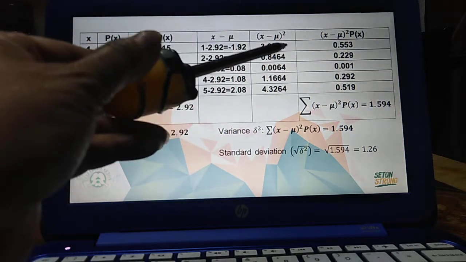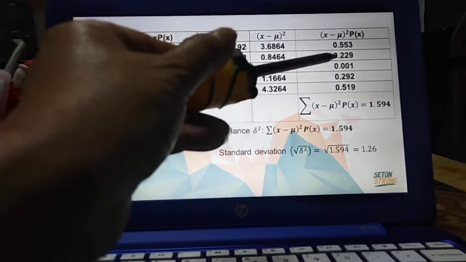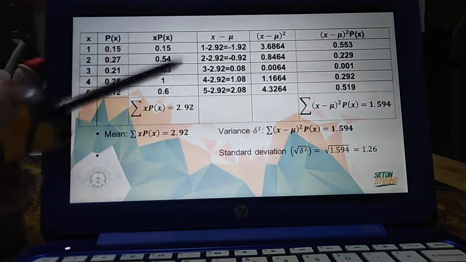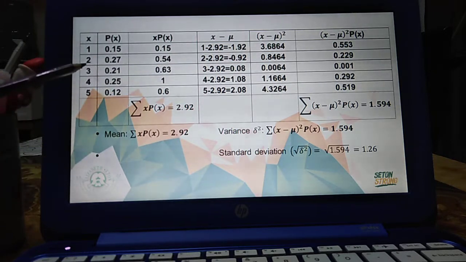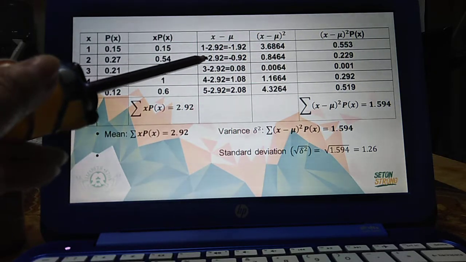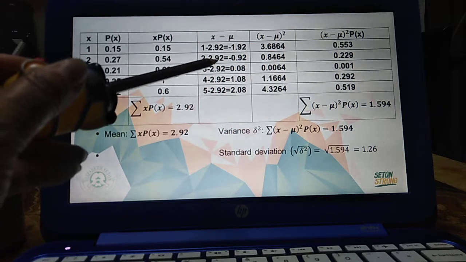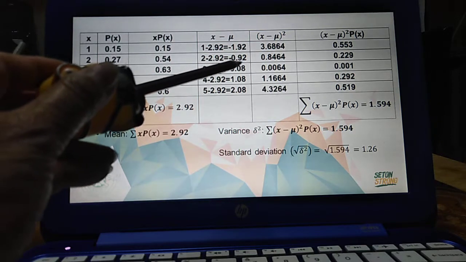And we multiply this with the probability of 0.15, giving me 0.553. Again, in this column, the random variable 2 is considered. We subtract from 2 the mean, which is 2.92, giving me negative 0.92.